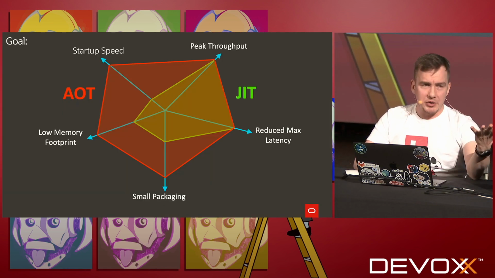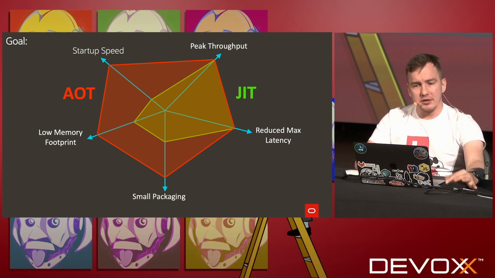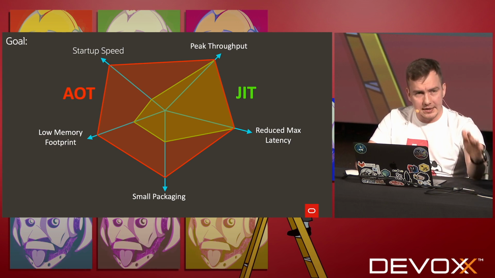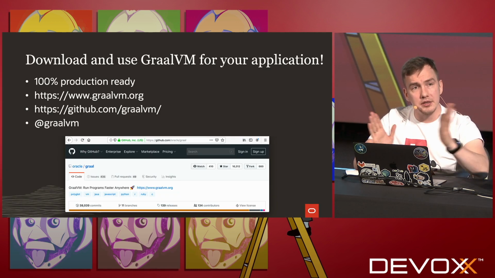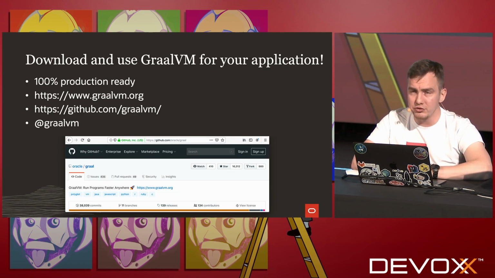We, by we I mean the GraalVM team, are working on improving the peak throughput and latency numbers for the runtime, for native images specifically. You can download and use GraalVM, and you should try this. Native image can be put in production.